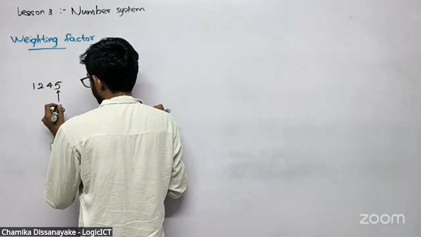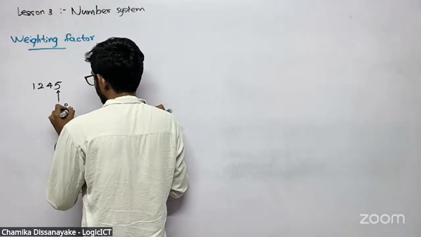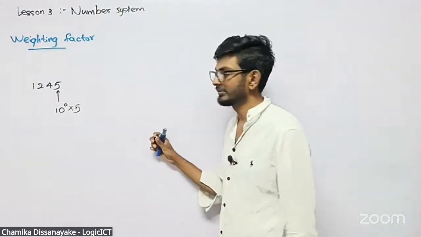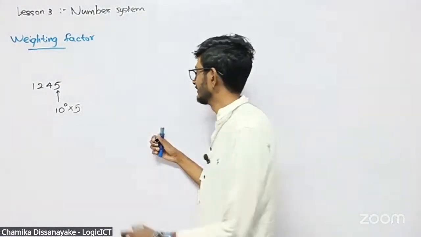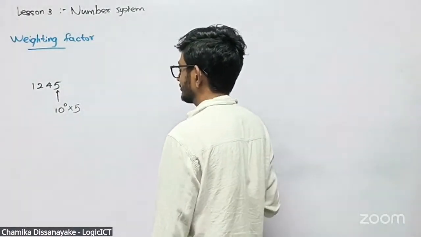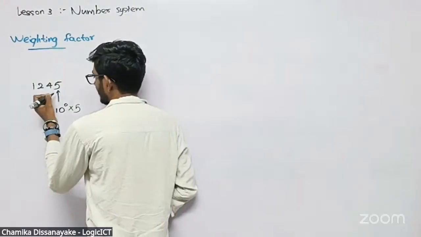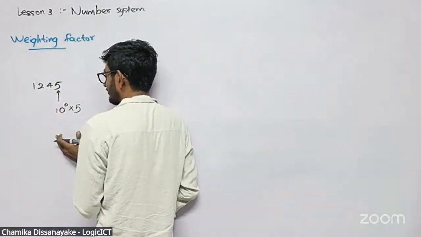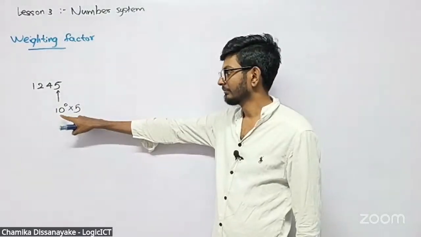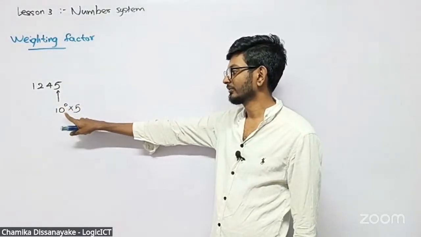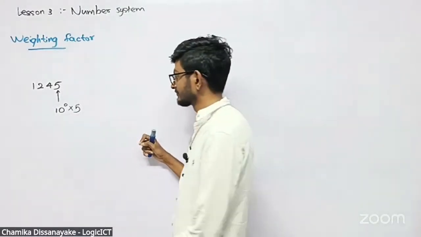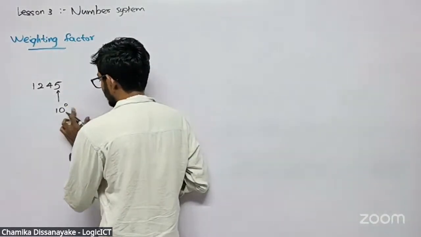It is made by 10 to the power 0 multiplied by 5. Here, the 5 is made by multiplying 10 to the power 0 by 5. 10 to the power 0 means what? It is 1.